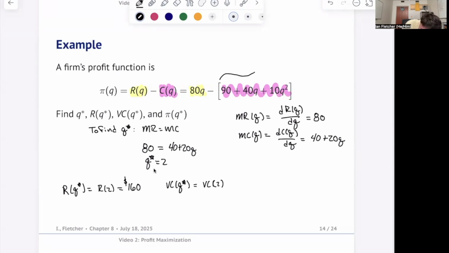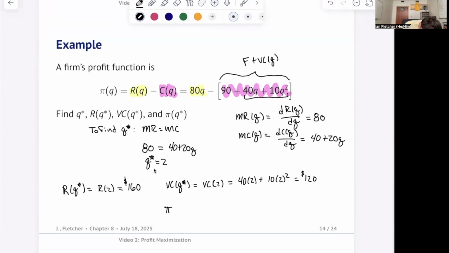And if we remember, this is going to be F plus VC of Q. Everything that has a Q is going to vary with quantity. So this is going to be 40 times Q plus 10 times Q squared, which is 120.